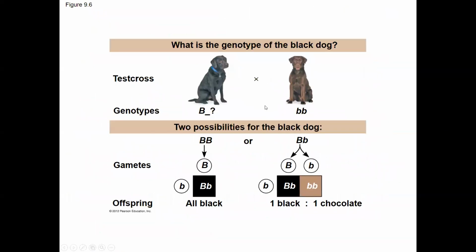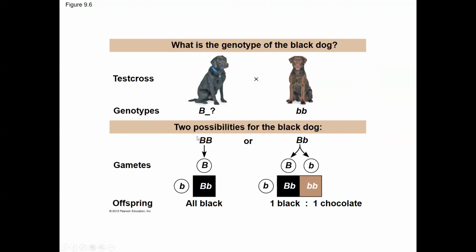And so we can do this with a dog with normal eyes, but we don't know the genotype for the black coat dog right here. So we know the recessive dog carries two recessive traits. There are two possibilities for this black dog.